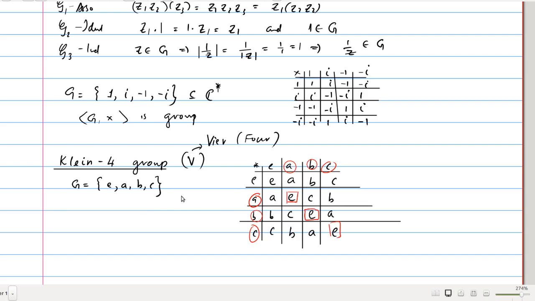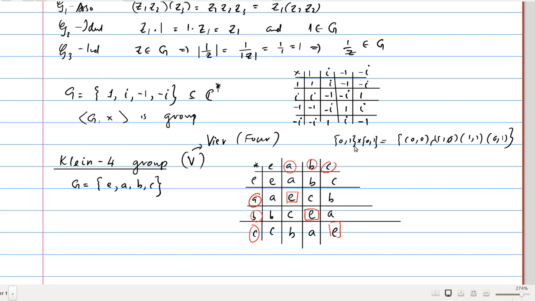That means if you have another set of elements (0,0), (1,0), (0,1), and (1,1), this is in fact the cross product of two sets, that is, the set {0,1} cross the set {0,1}.